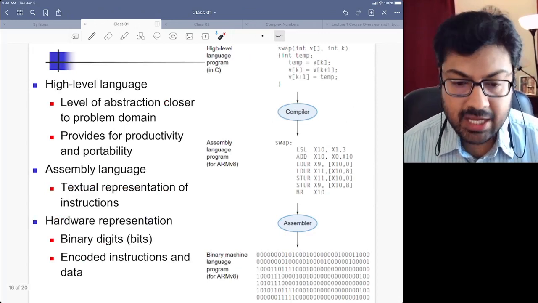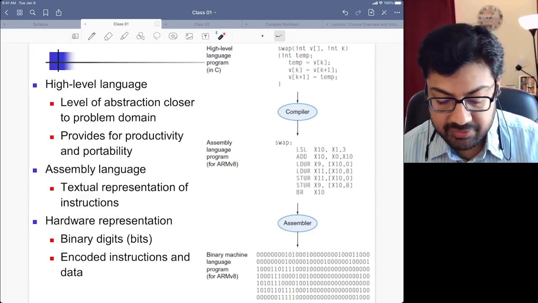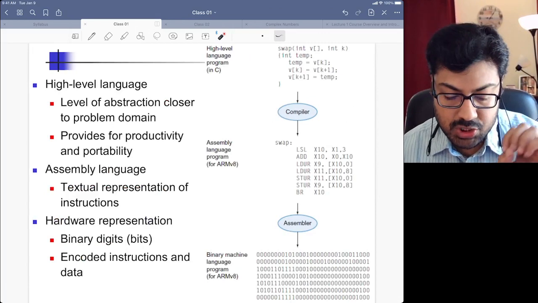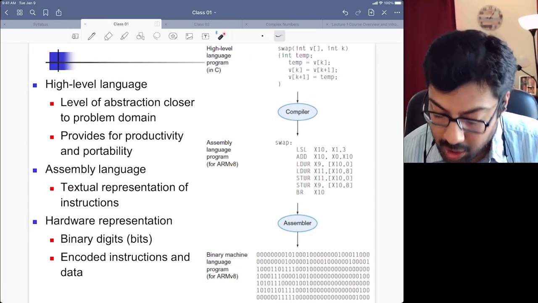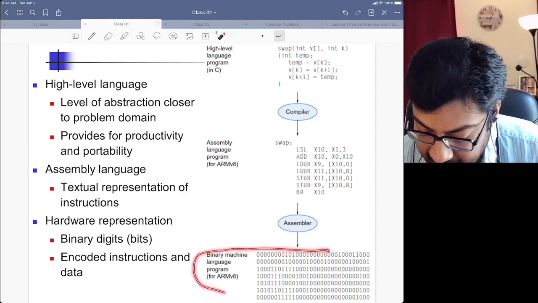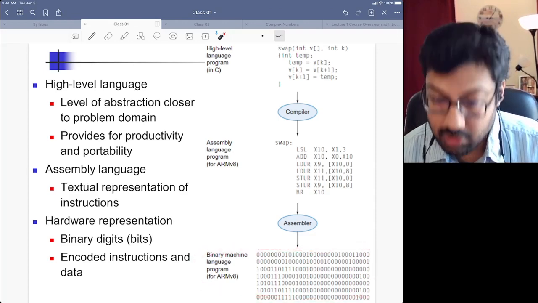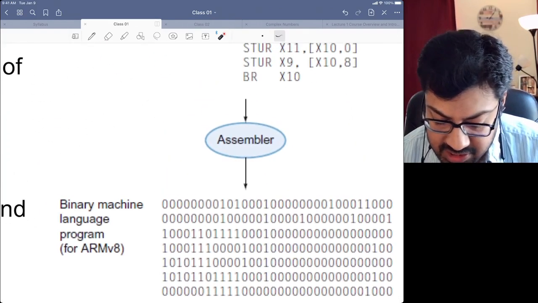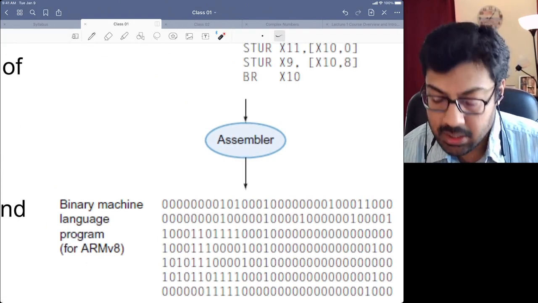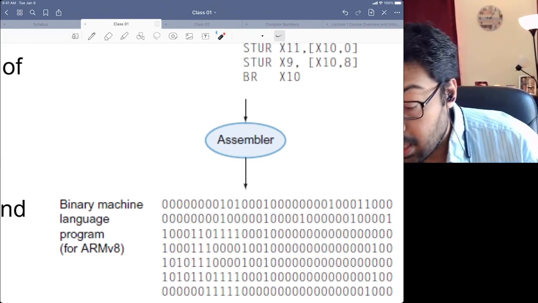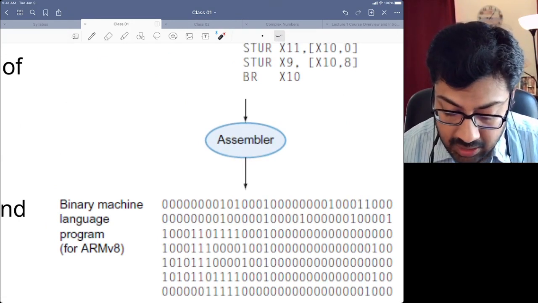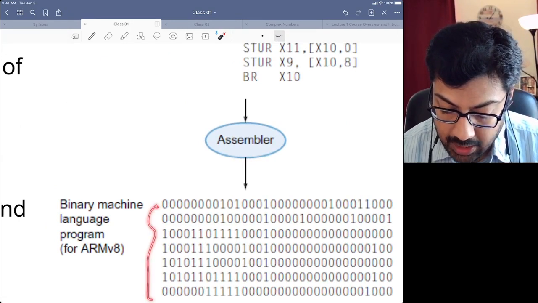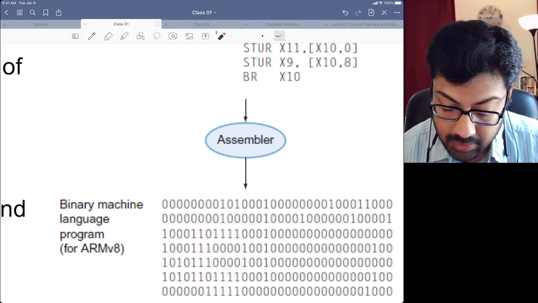Now let's take a quick look at how this high-level language and assembly language and the bits work, right? All the way at the bottom here, we have your machine language, and this is for ARM v8. We will be using MIPS, as I said, but these are a few instructions. They are 32 bits at a time, right?